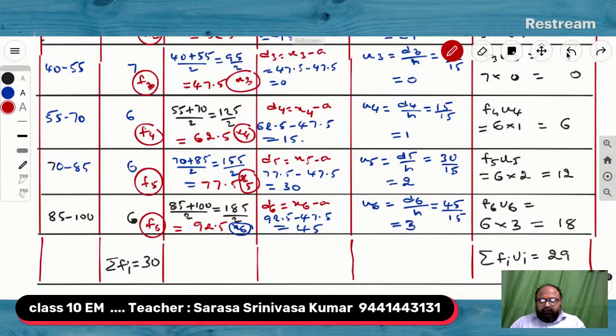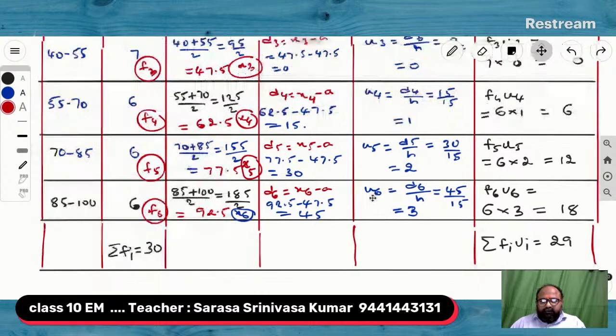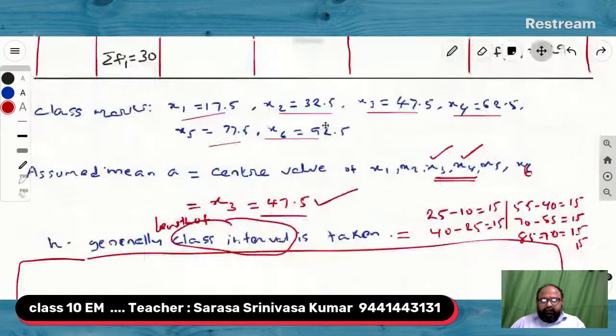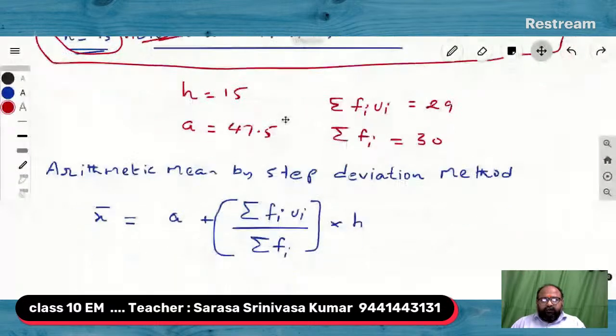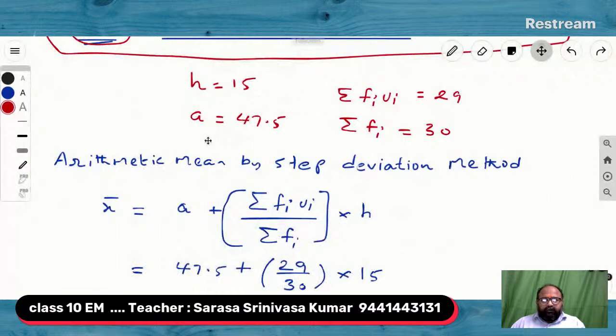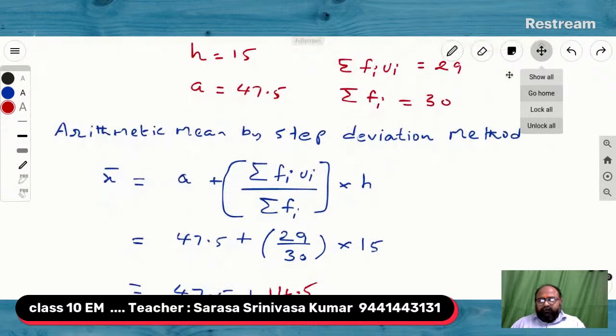Now, after preparing this table, we have noted down h equal to 15, assumed mean a equal to 47.5, sigma fi ui equal to 29, sigma fi equal to 30.